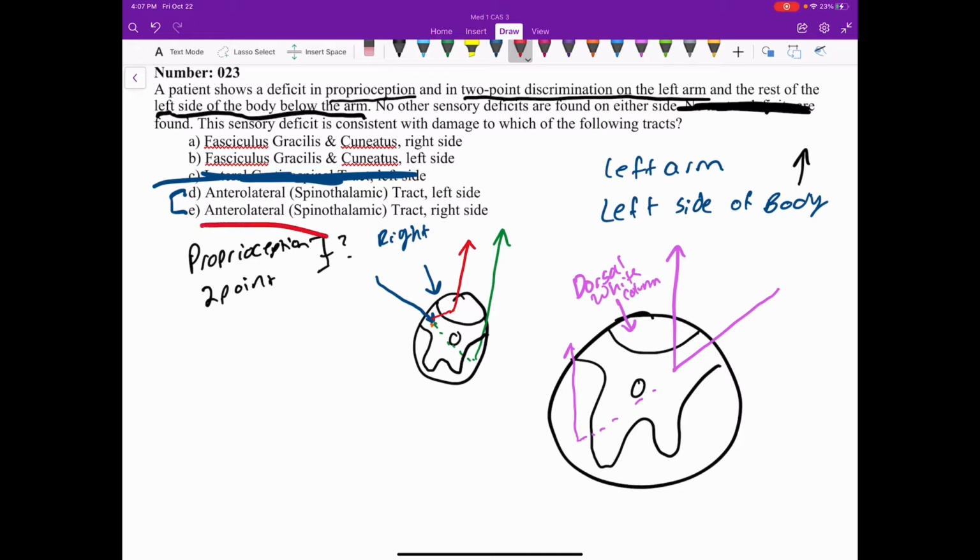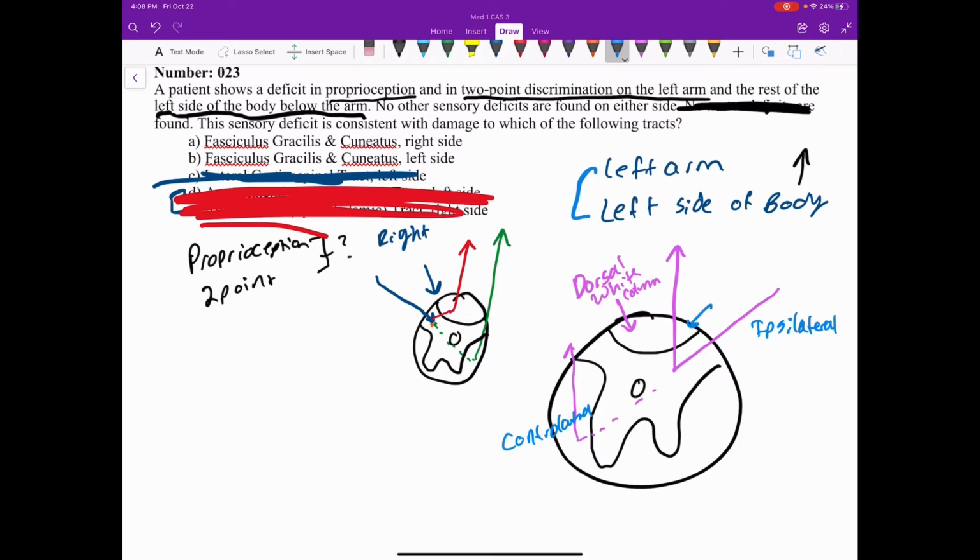So we just spoke about anterolateral. However, we know this is not the answer. Why is this not the answer? Well, anterolateral is contralateral, and if it were contralateral, it would not talk about the left arm and left side of the body. What stays on the same side? That is ipsilateral, and ipsilateral is for the dorsal white column.